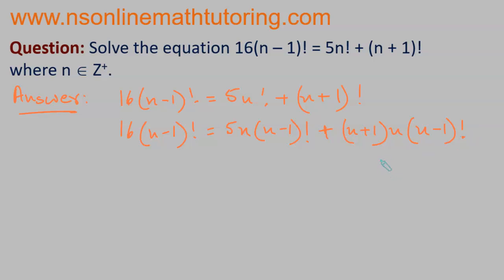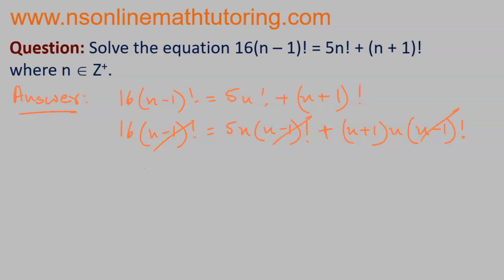Okay? And now you see the entire equation contains 3 terms, 1 term on the left hand side and 2 terms on the right hand side. And all these 3 terms contain (n minus 1) factorial. So we can divide this entire equation by (n minus 1) factorial so that these will get cancelled.